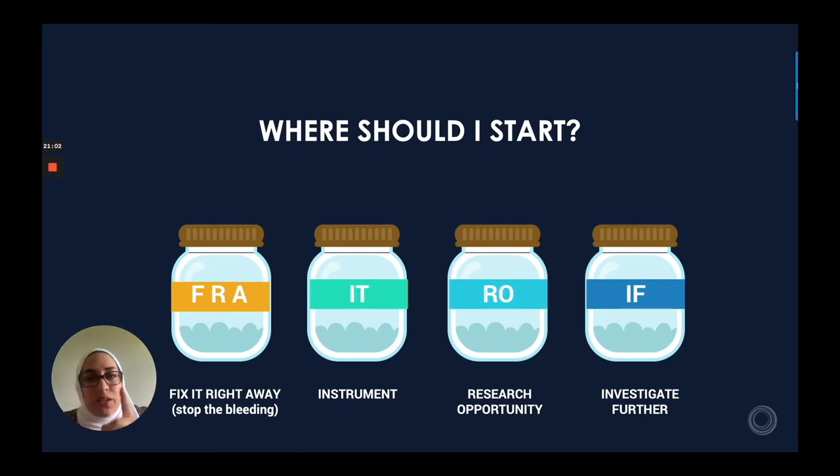I'm collecting qualitative, quantitative, user research, I'm collecting all of this, and I'm categorizing all of these different areas. So there are some things that are fixed right away. There are some things that are based on, hey, I want to tag different elements so I can really understand them a little bit more. There are some things that I have to actually experiment with, research opportunities. And there are some things that are investigate further.